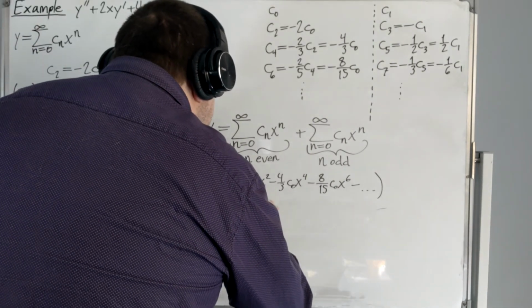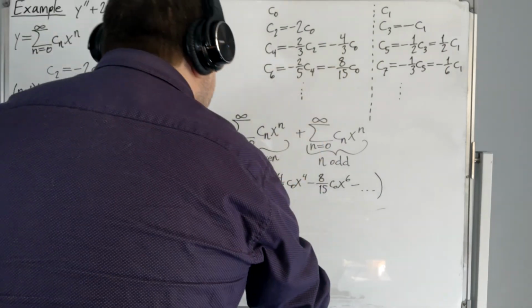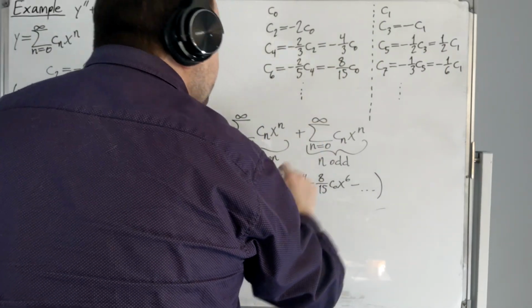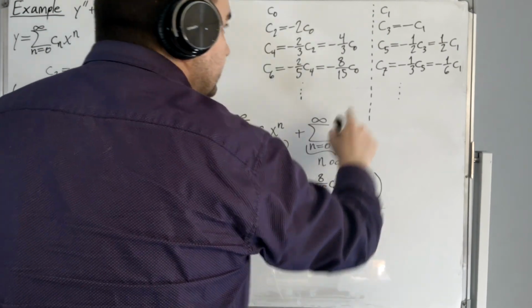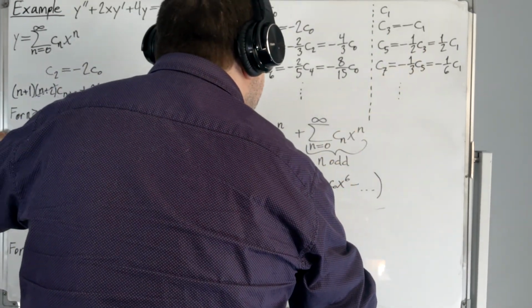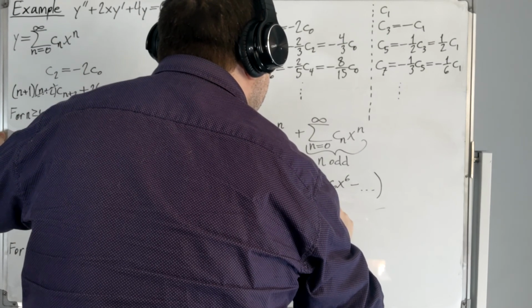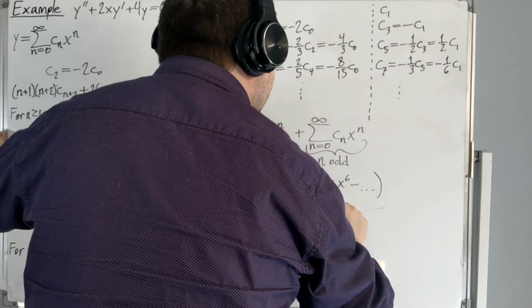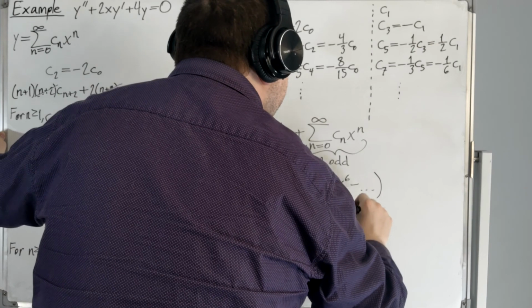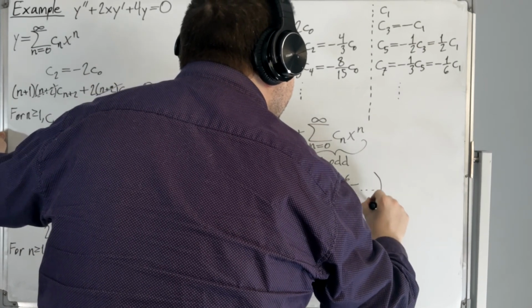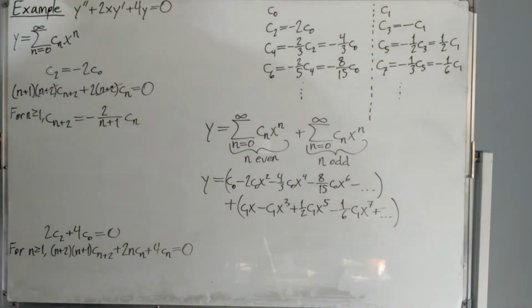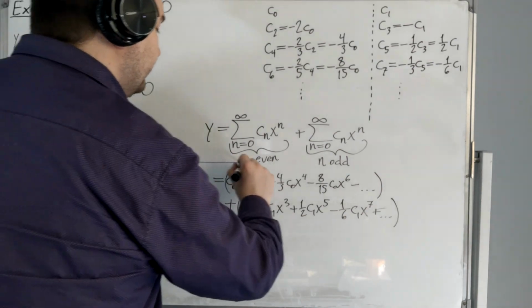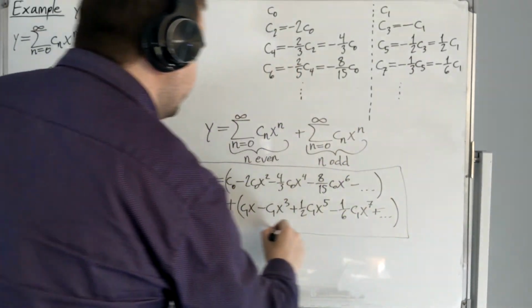And then the odd terms, we're going to have C1 x to the 1 minus C1 x to the 3rd plus 1/2 C1 x to the 5th minus 1/6 C1 x to the 7th, then plus dot dot dot. And then this is a perfectly valid way of writing the general solution of our ODE.